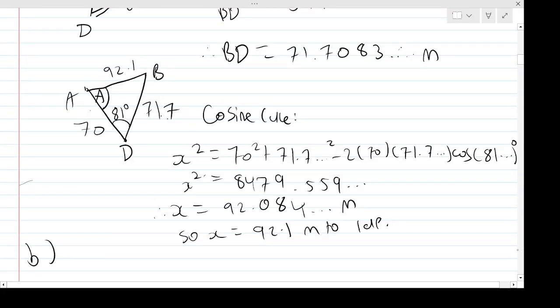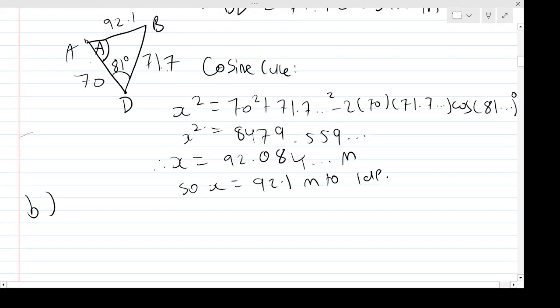So how am I going to work out this angle A? Well, I'm spoilt for choice because I know I've got two angles, but I also know all three sides. So I could use the sine or the cosine rule in this case. But I think I'm going to use the cosine rule because I've already dealt with the three sides. So I can use the three sides and then work out the missing angle A.